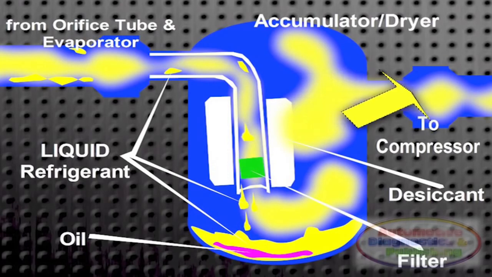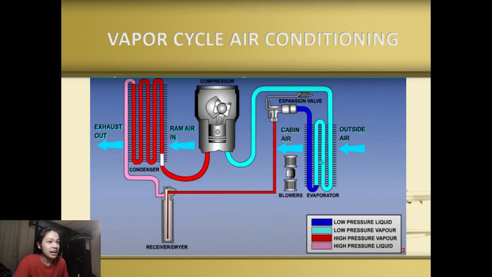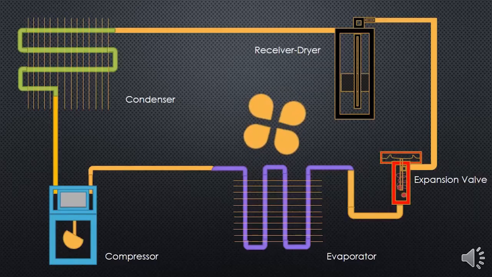As it goes towards the expansion valve, it will expand its volume and decrease the pressure, which therefore will turn it to a low pressure liquid, signified by the color blue. So as it goes out of the expansion valve, it will go to the evaporator.